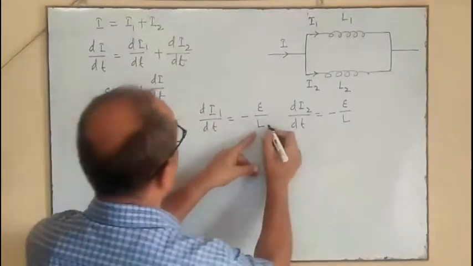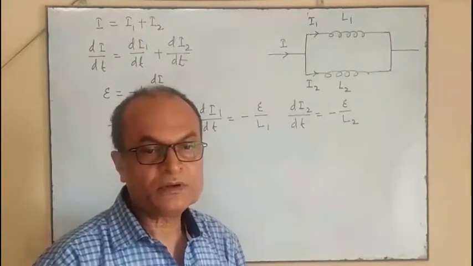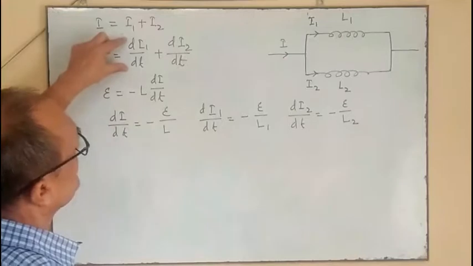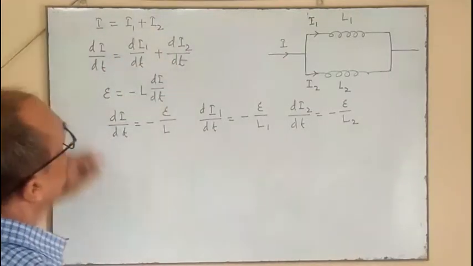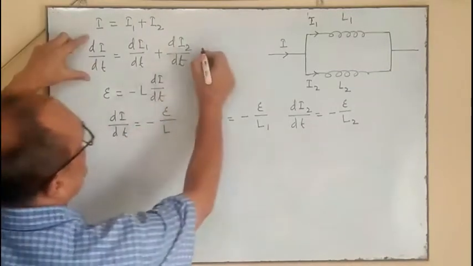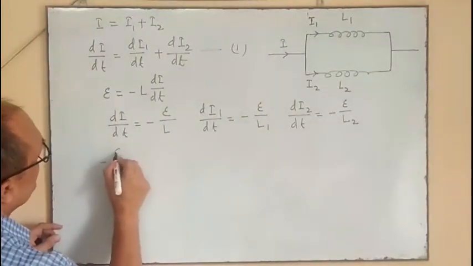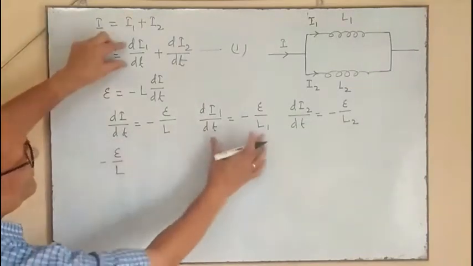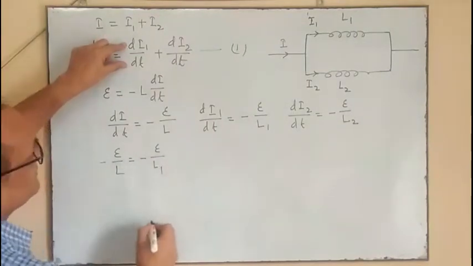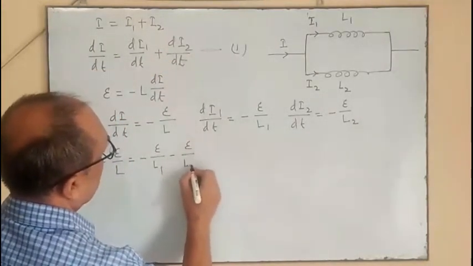Here this is for L1, this is for L2. So we can put the values here. For di by dt in this equation, minus epsilon by L equals minus epsilon by L1 minus epsilon by L2.